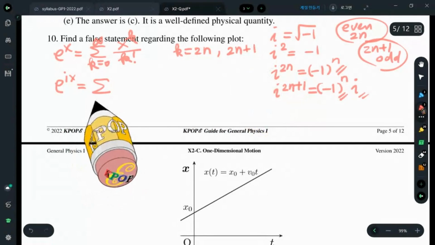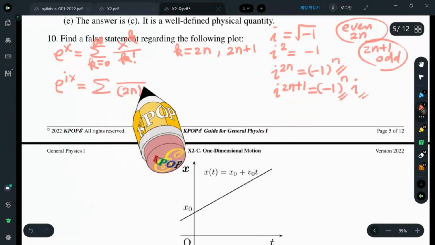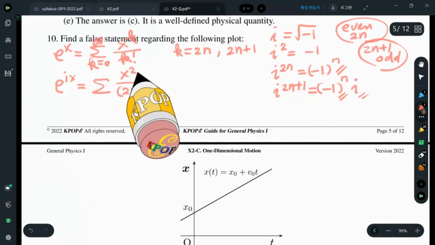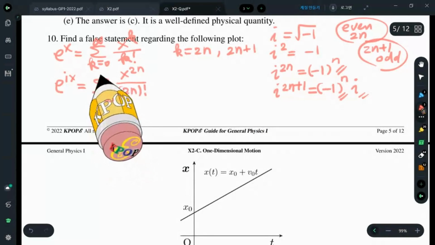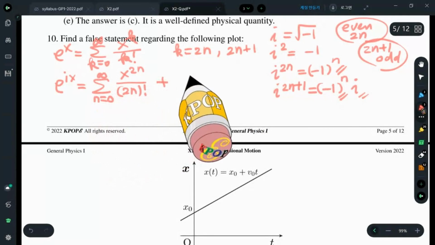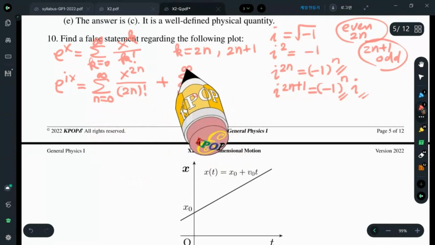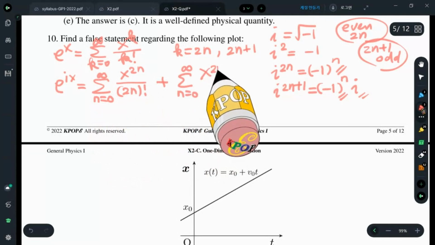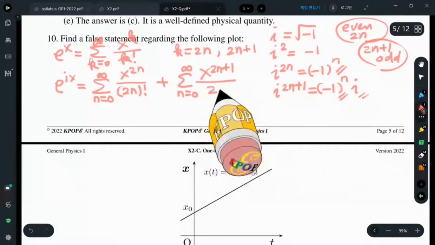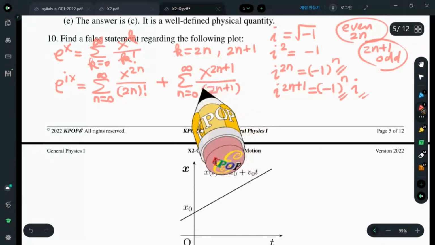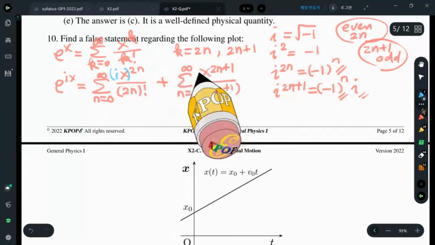So for the even part we have x to the 2n, with n running from 0 to infinity, plus the sum with n from 0 to infinity of x to the 2n plus 1. But I have missed i in here.